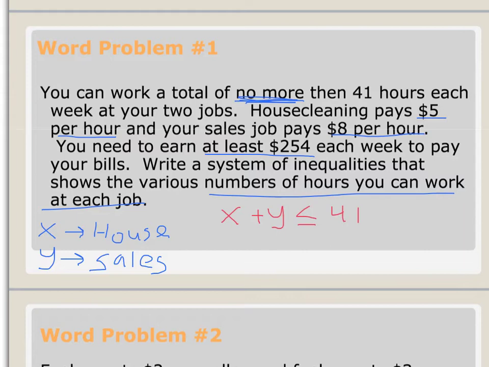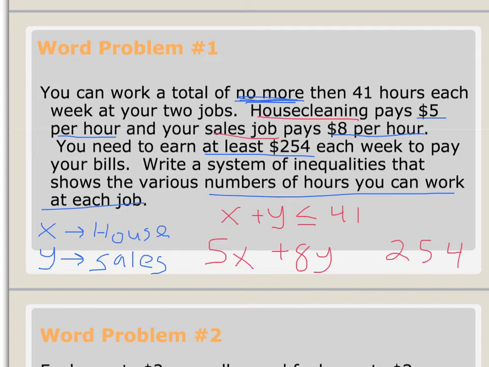Then we look at the money. Money usually ties together to make its own equation. So I see $5 per hour is tied to house cleaning, so that means I'm going to have a 5x. And I see $8 per hour is tied to the sales job, so I'm going to have 8y. And of course the money is $254 total. So now, is it greater than or equal to, less than or equal to?